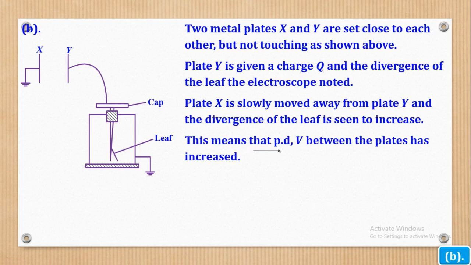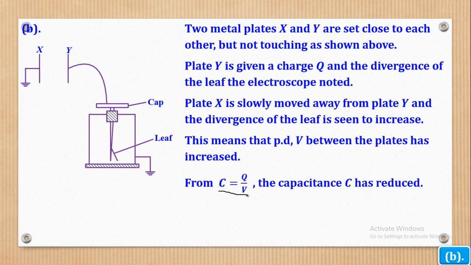This means that the PD, V, between the plates has increased. Now from C equals Q over V, it implies that capacitance has reduced, because C is inversely proportional to V. When V increases, capacitance has to reduce.